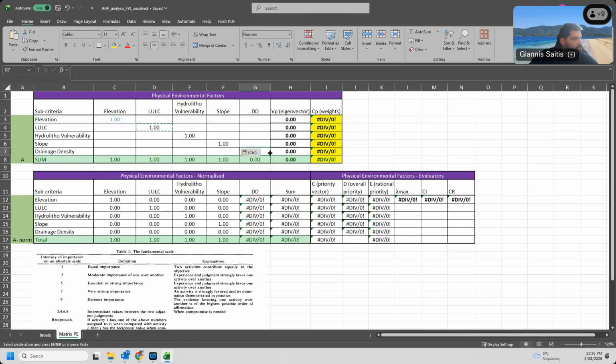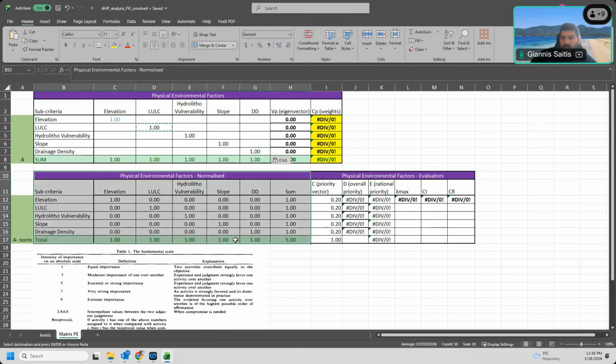Drainage density with drainage density is 1. Below, you see the same numbers normalized.